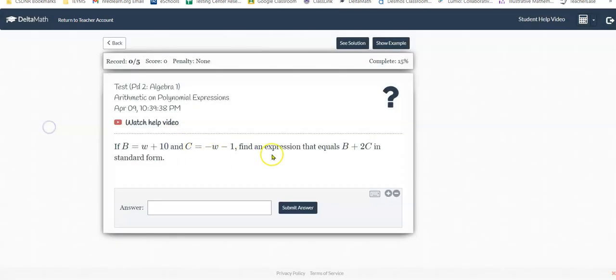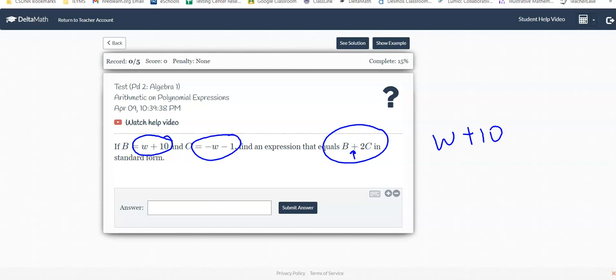Alright, now we're going to do some arithmetic here with our polynomials. Just read carefully what they want you to do with each of these polynomials. They want you to find the sum of a single b, so w plus 10. They want you to add that to two c's.